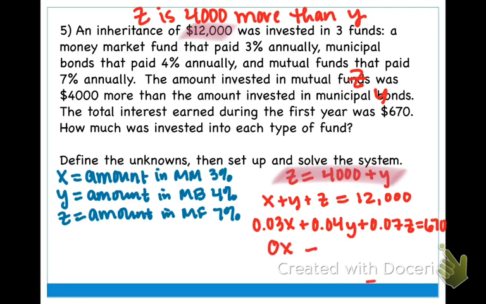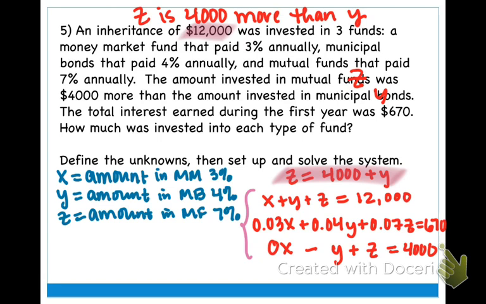But then I'm going to subtract Y on both sides. And I get negative Y plus Z equals 4,000. And now I have my three equations written in the same form, X, Y, Z equals a constant, and I can go straight to that coefficient matrix in your calculator. So go ahead and do that.